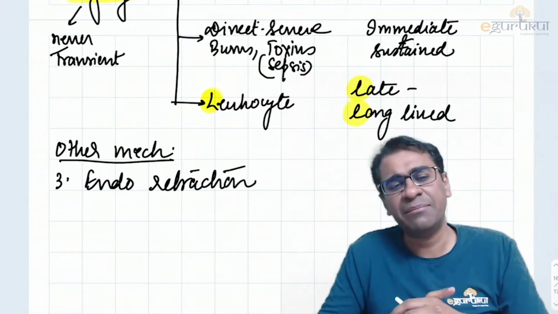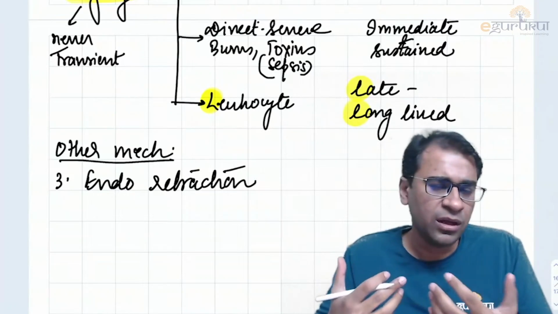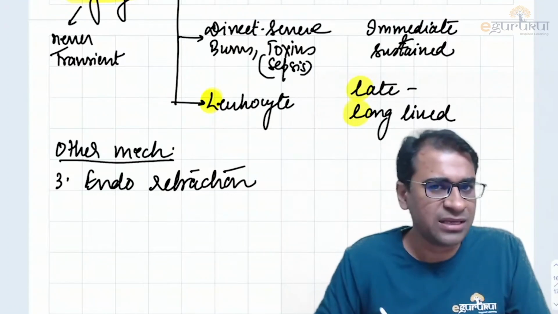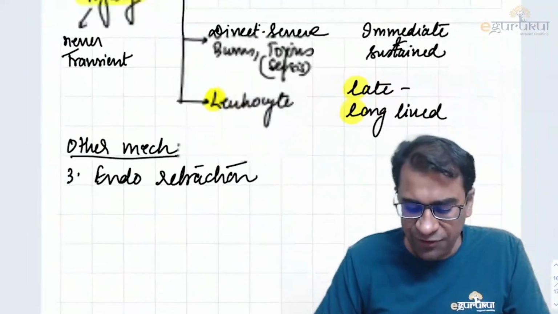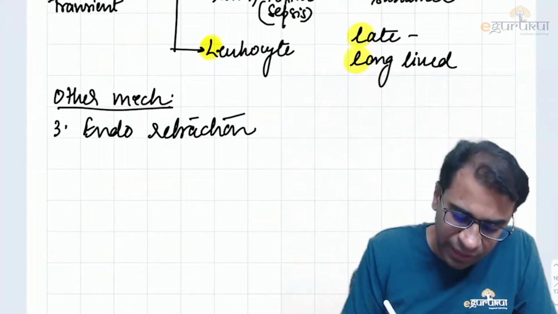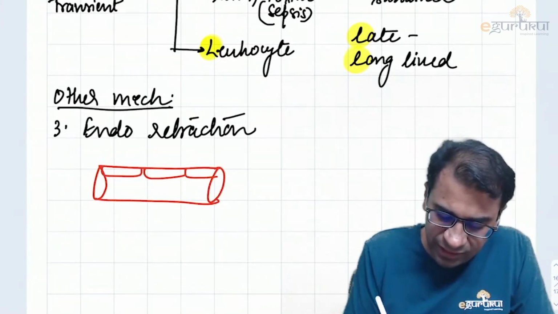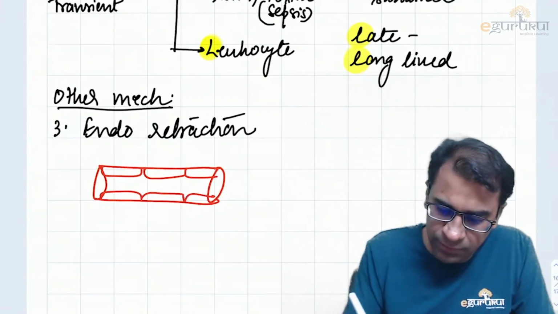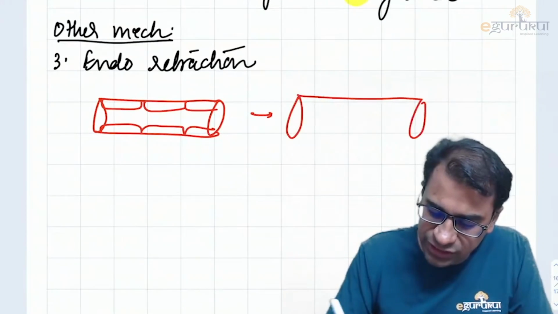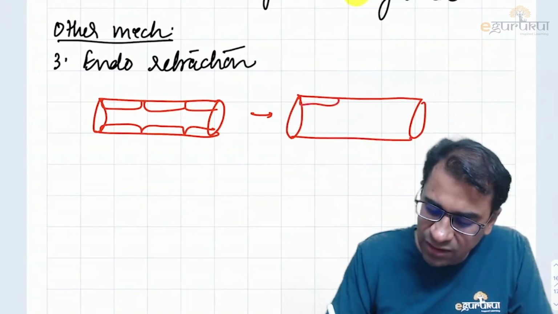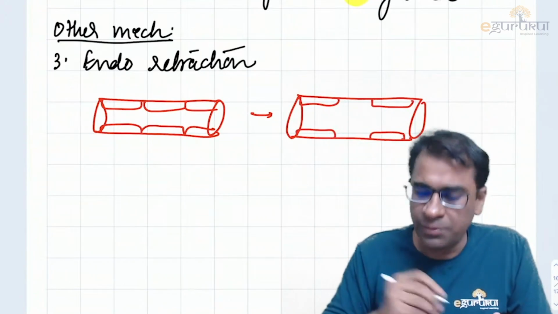Now, some other mechanisms which we can know is endothelial retraction. Now, this is not a very accepted mechanism. Some books will say it happens, and many books will say it does not. Endothelial retraction means the endothelial cells separate from each other. Without contraction, one of the cells just gets removed from between and a space is created.